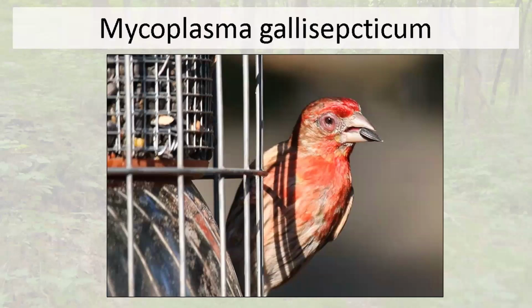That disease has now spread like wildfire across the United States, and our house finches are now widely infected with Mycoplasma. Other bird species, mostly finches but not strictly finches, can get Mycoplasma, but it's very often a house finch disease.